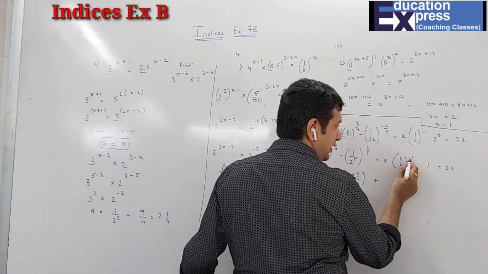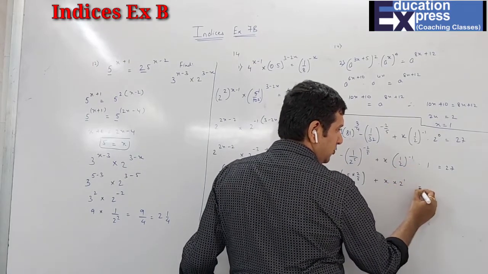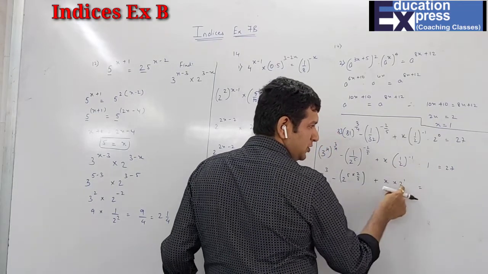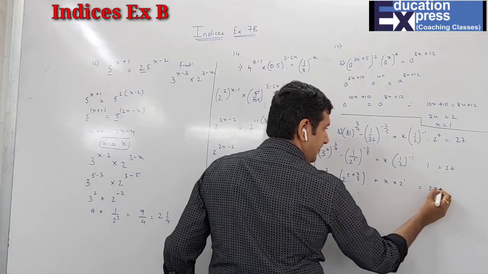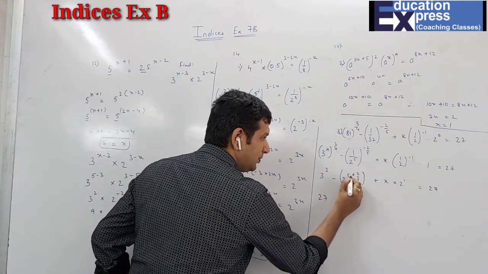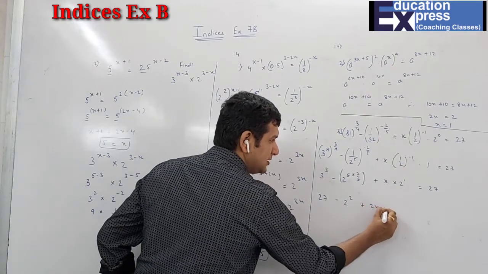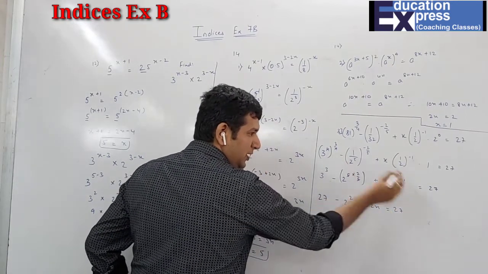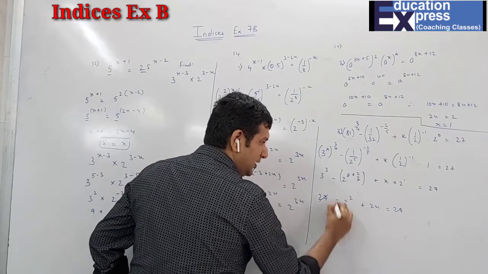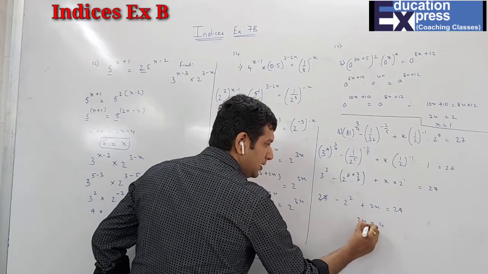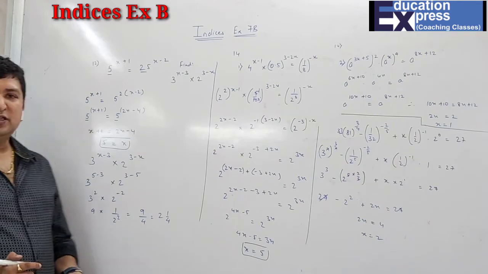Again, make it positive, it will be 2 raised to 1 into 1, which is 2 raised to 1 only. It goes 27. 3 cube is 27 minus 2 square plus 2 into x, 2x is 27. So 27 will go there, it will become minus 27, 27 gets cut. So now minus 4 will go there, plus 4, therefore x is 2. Now we have finished exercise B also.